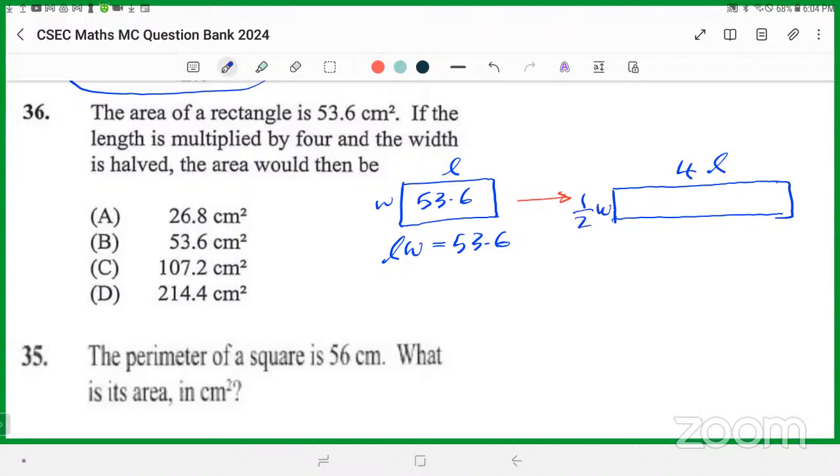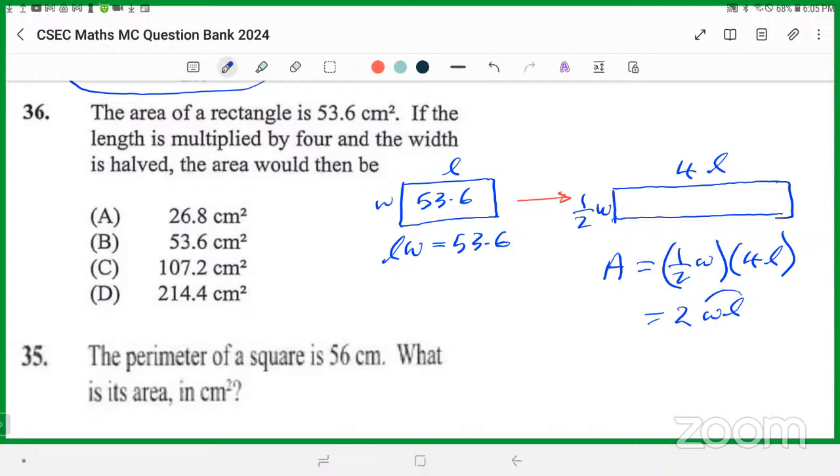So the new area: this is the original area, and we know that area will be L times W. So over here, the new area will be this times this. So it will be half W times 4L. Half of the 4 is 2, so you get 2 times WL.